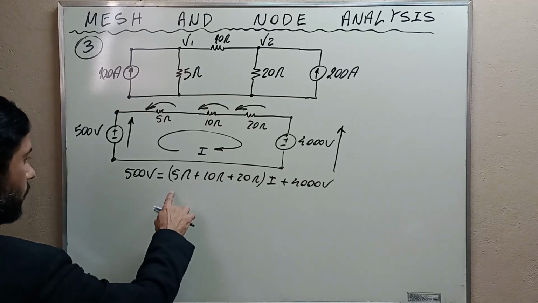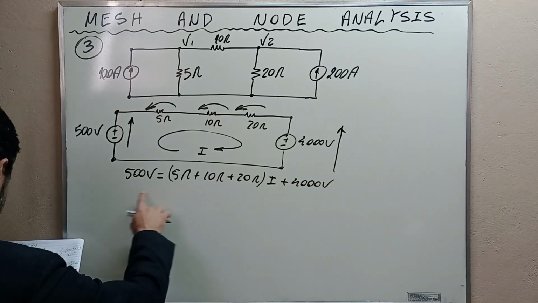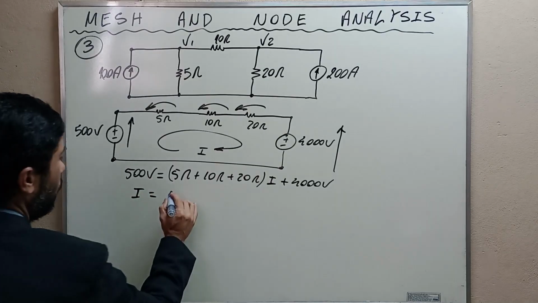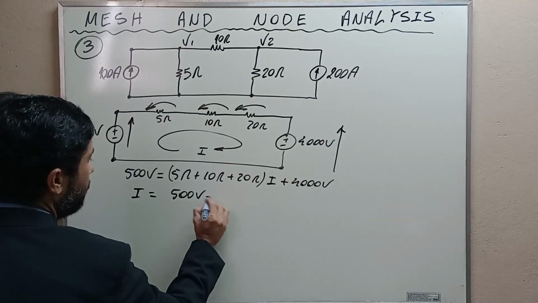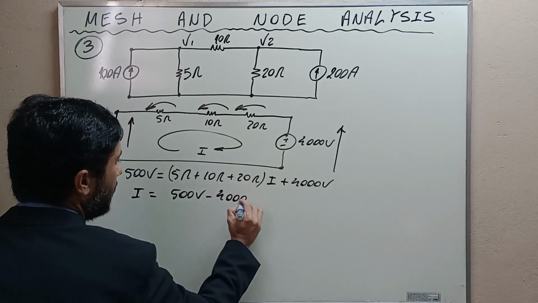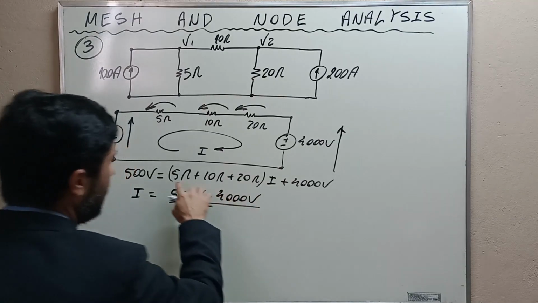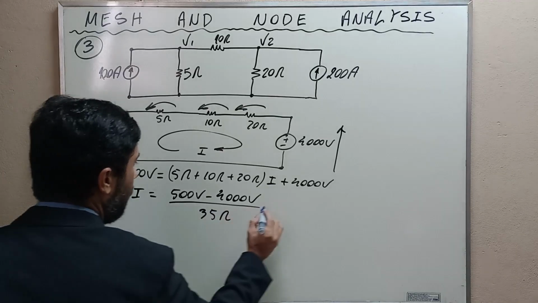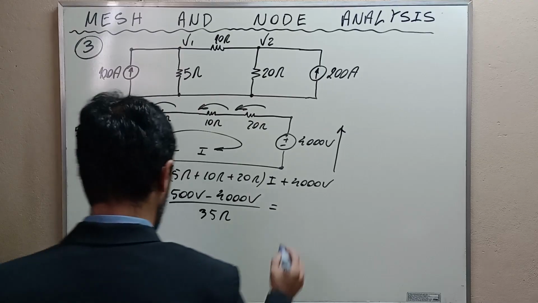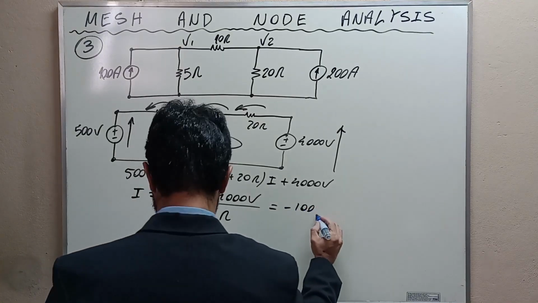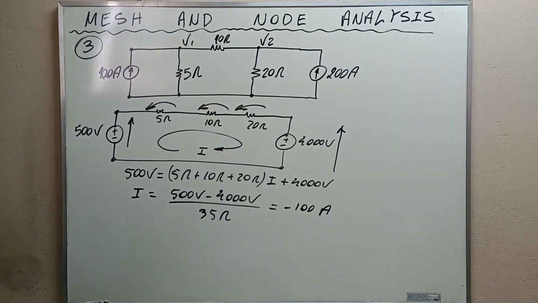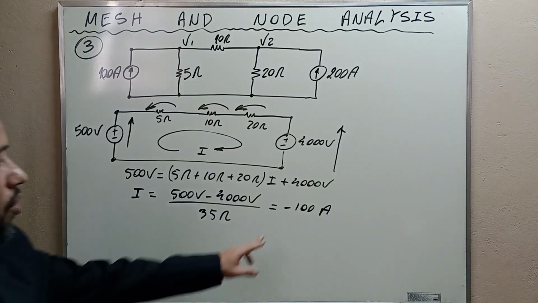Okay, so I here is equal to 500 volts minus 4,000 volts divided by this number here, which is 35 ohms, and this is equal to negative 100 amps. And this negative sign doesn't mean that it is wrong.